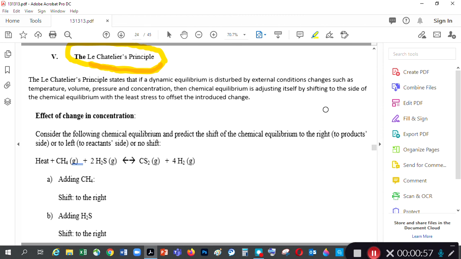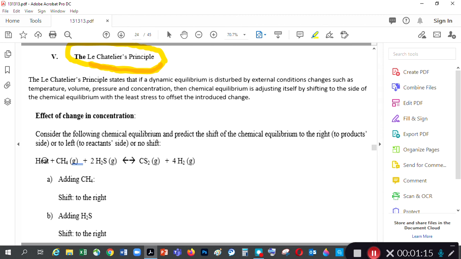Those conditions can be change in pressure, volume, concentration, temperature. And this is all about the shift to offset the external condition acting upon the dynamic chemical equilibrium.